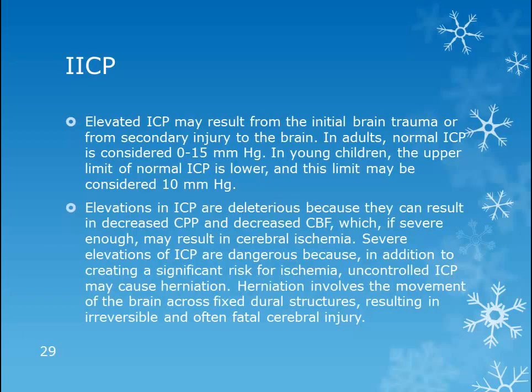Elevations in intracranial pressure are deleterious because they can result in decreased cerebral perfusion pressure and decreased cerebral blood flow, which, if severe enough, may result in cerebral ischemia. Severe elevations of intracranial pressure are dangerous because, in addition to creating a significant risk for ischemia, uncontrolled intracranial pressure may cause herniation. Herniation involves movement of the brain across fixed dural structures, resulting in irreversible and often fatal cerebral injury.